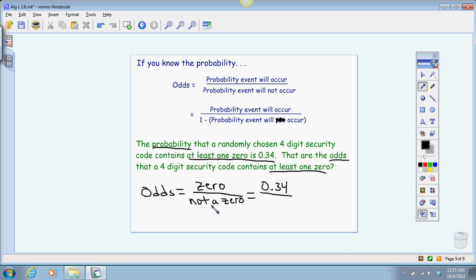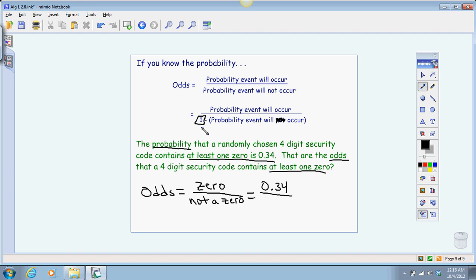Now we're going to compare that to when it's not a 0. We're not given that information, so you need to understand this one right here. When we talk about probability of something happening, if it happens every single time, we represent that with a 1, or 100%. We can say with certainty that something's going to happen if the probability is 100%.